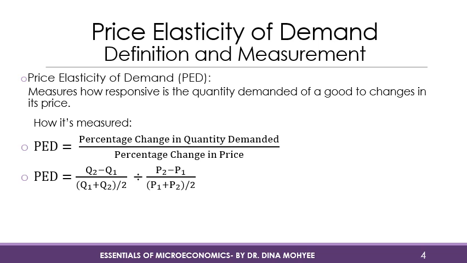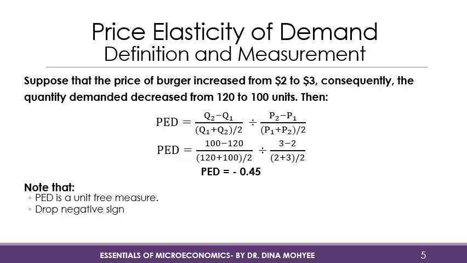Likewise, to measure how much the price changes, we calculate the percentage change in price by subtracting the new price from the original price divided by the average of these two prices. Okay, to better understand how the price elasticity of demand is calculated, let's take an example.